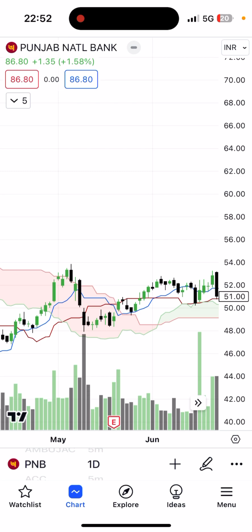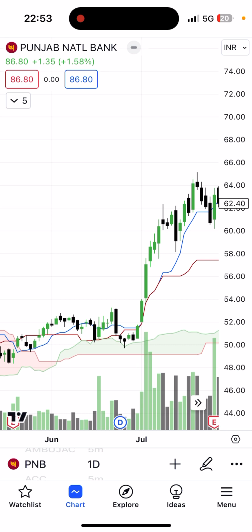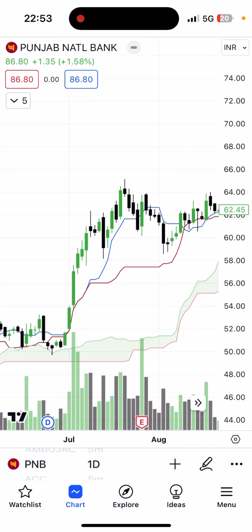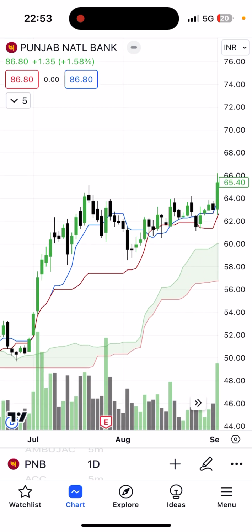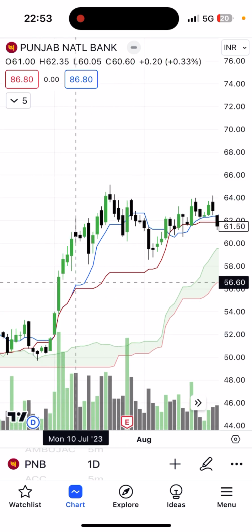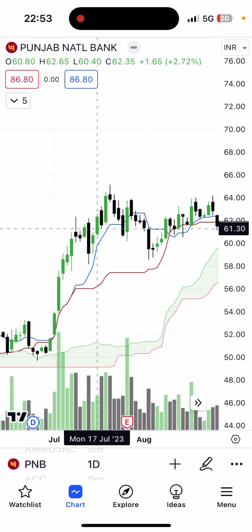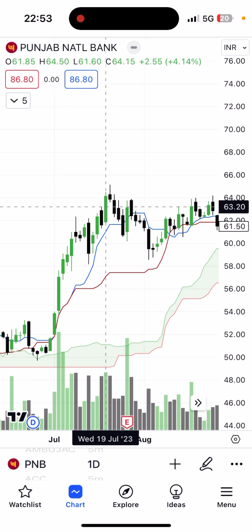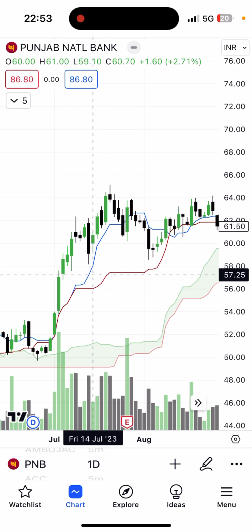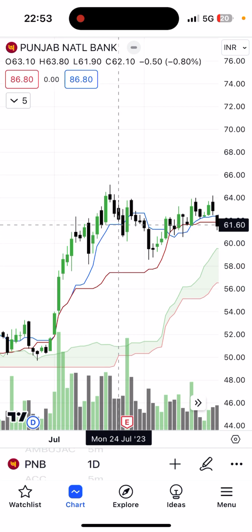Now there are a few tips that you can trade with. Once you become bullish, you can actually exit the trade at one place and re-enter at another place. Once this blue line and red line come close to each other, the stock becomes really bullish and goes up, making the blue line and red line move apart from each other.